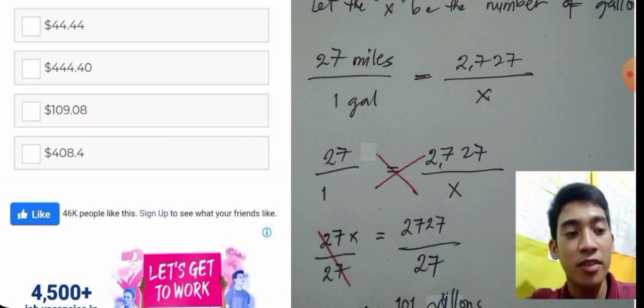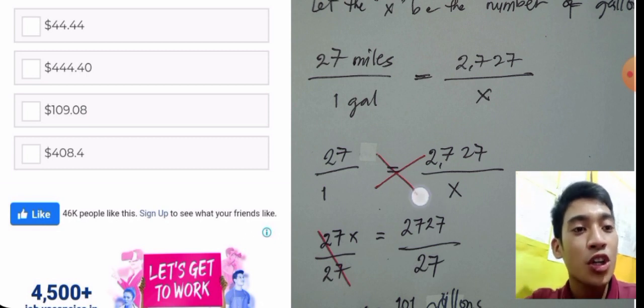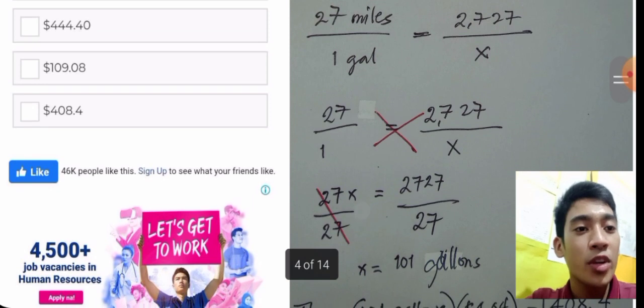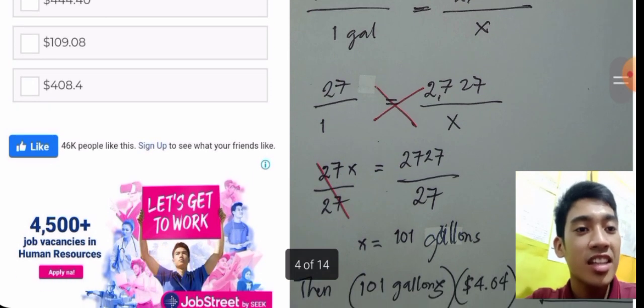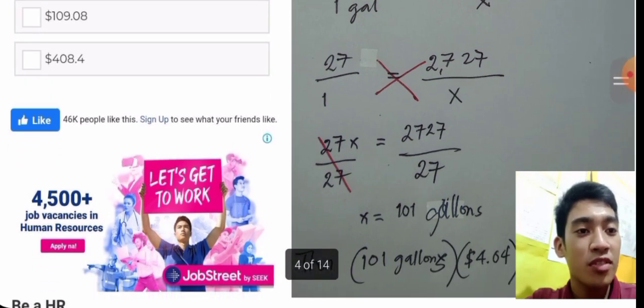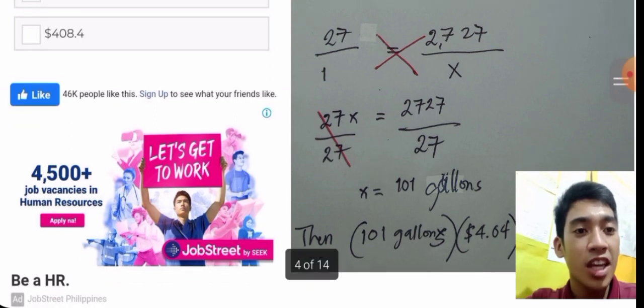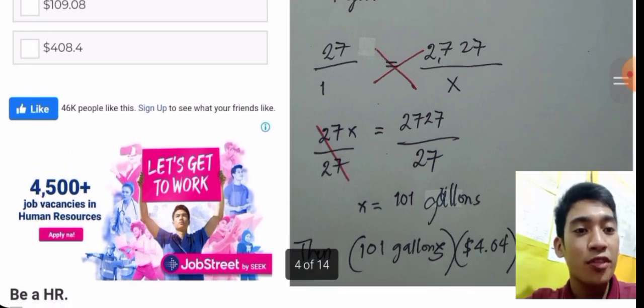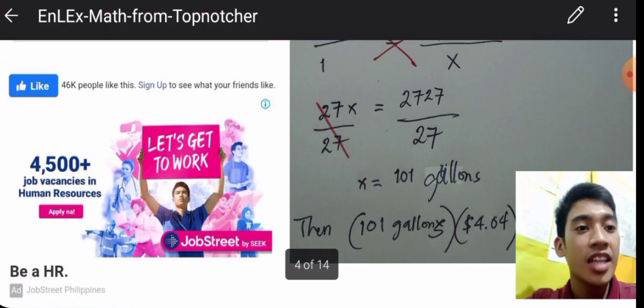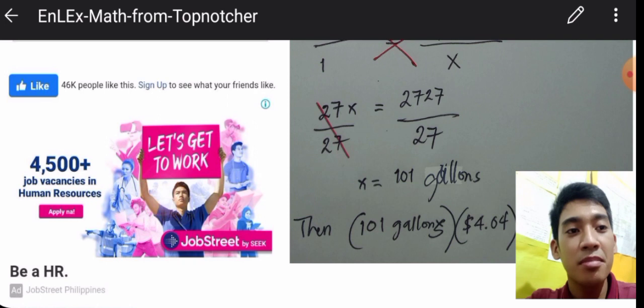We do not know the number of gallons, so cross multiply, so it becomes 27x equals 1 times 2,727, the same 2,727. Divide both sides by 27, leaving x equals 2,727 miles divided by 27.